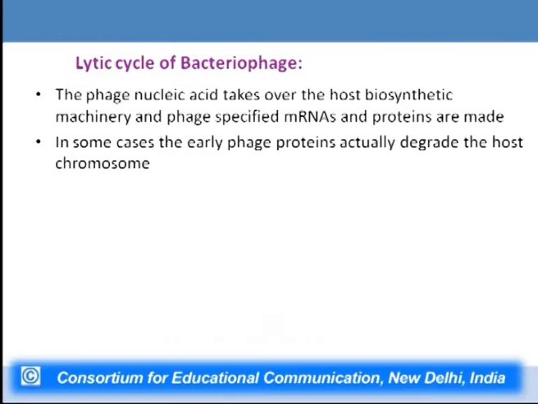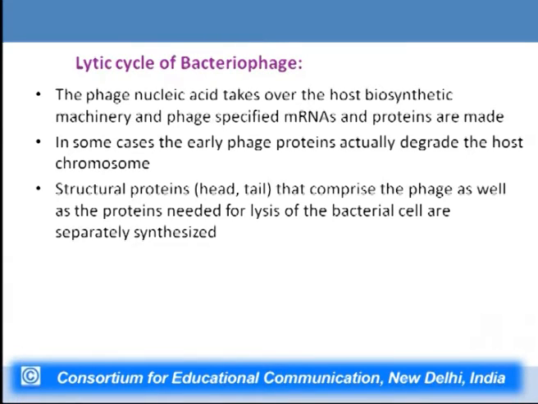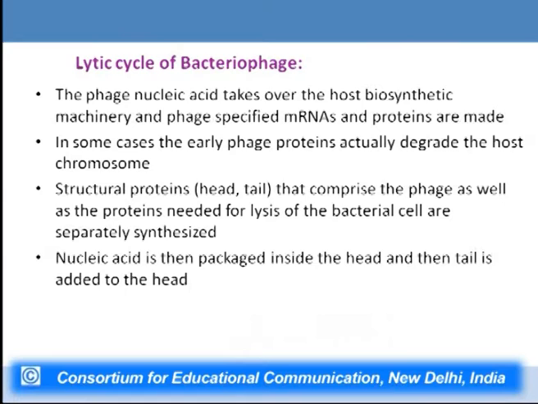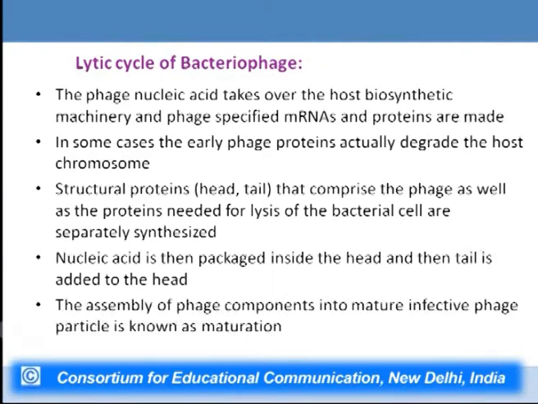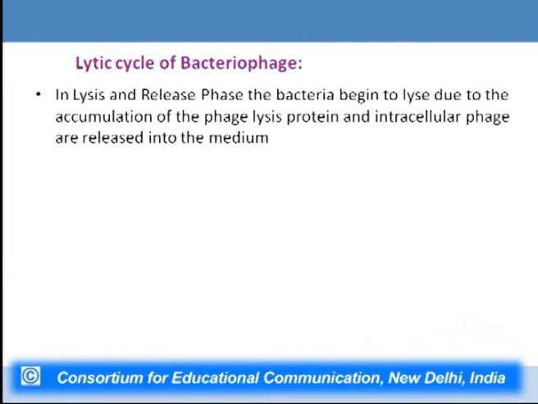In some cases, the early phage proteins actually degrade the host chromosome. Structural proteins which comprise the phage as well as the proteins needed for lysis of the bacterial cell are separately synthesized. Nucleic acid is then packaged inside the head and then the tail is added to the head. And the mature infective phage particle is formed and the entire process is known as maturation.